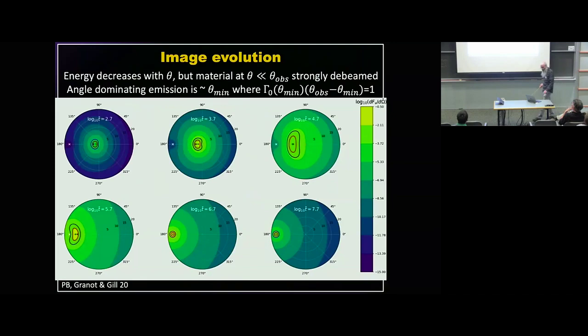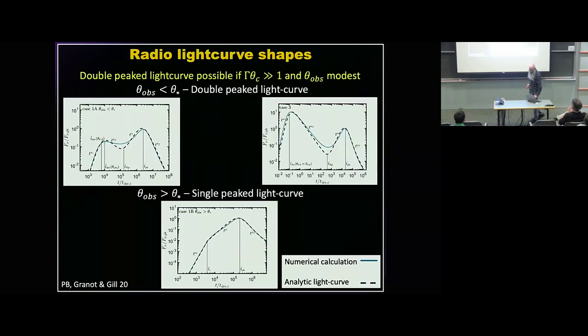And understanding how this angle that dominates the emission changes as a function of time allows us to calculate the light curves. I won't go into this again because there's not enough time, but depending on a critical parameter, theta star, you can get double-peaked light curves or single-peaked light curves.